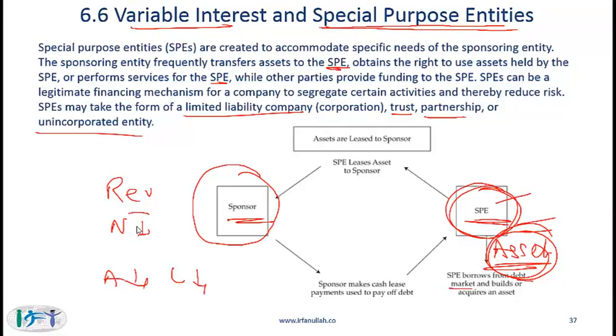But both US GAAP and IFRS now have very strict rules which ensure that SPEs are consolidated. And once the SPEs are consolidated onto the financial statements of the sponsor, then the assets and the liabilities come over.